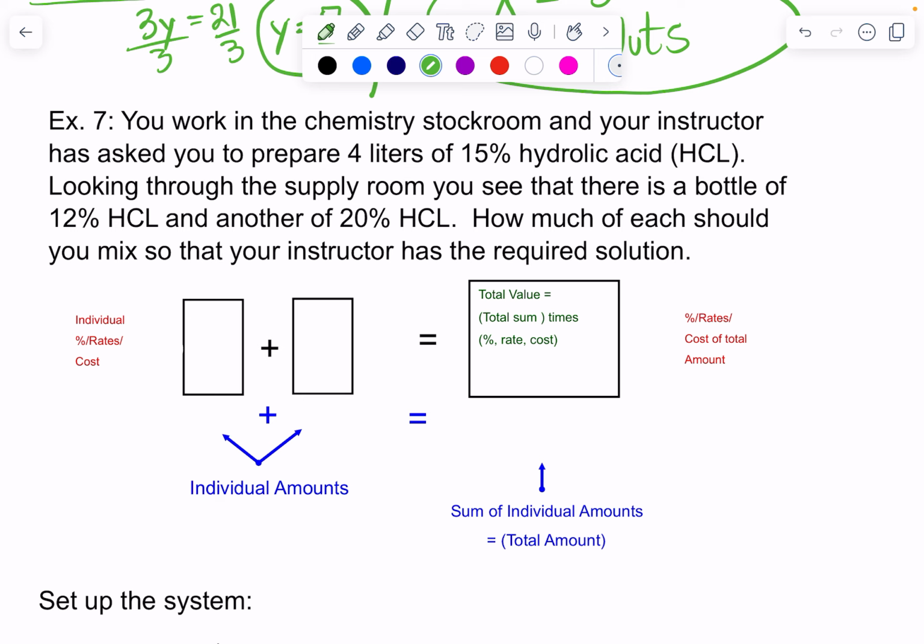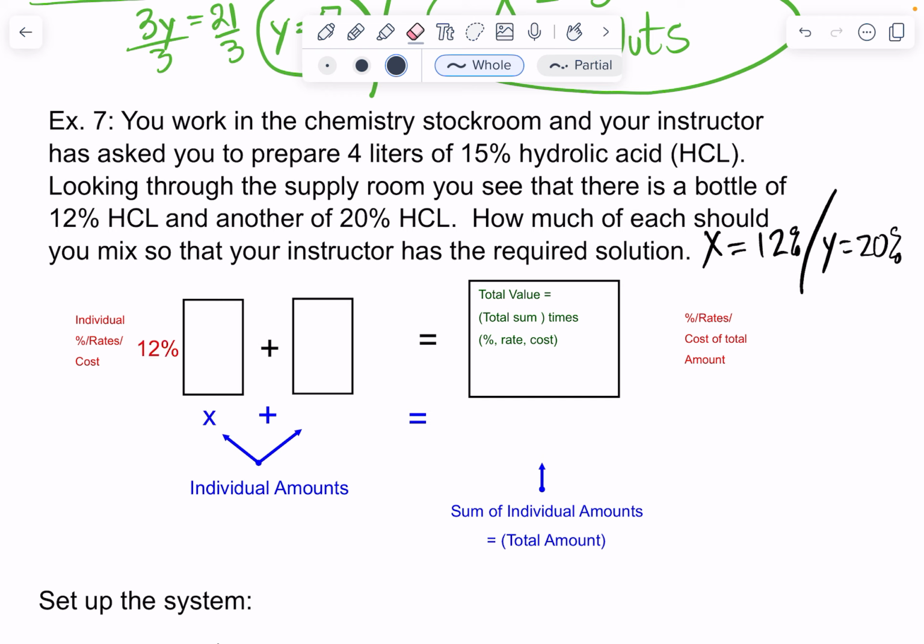Okay, let's first label, as always. I'm going to label X the 12% solution, and I'm going to call Y the 20% solution. And in total, I have 4 liters. So I know that my X has a percentage of 12, so my value is 0.12X. I know that the amount that I use for Y has a value of 20, so when I multiply those, it's 0.20Y.